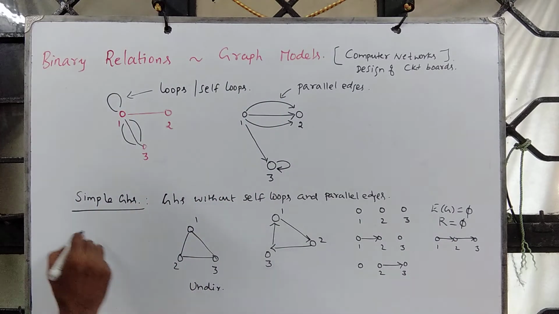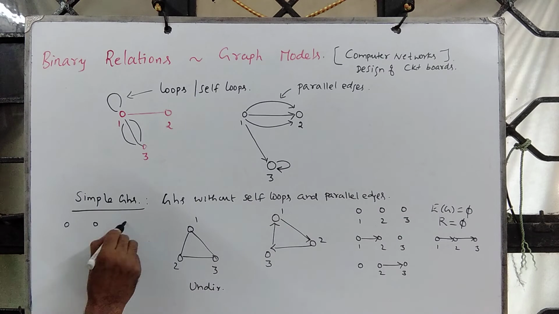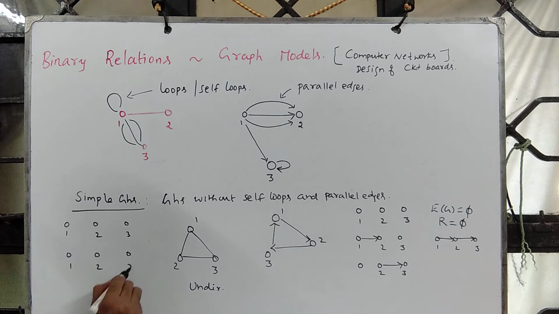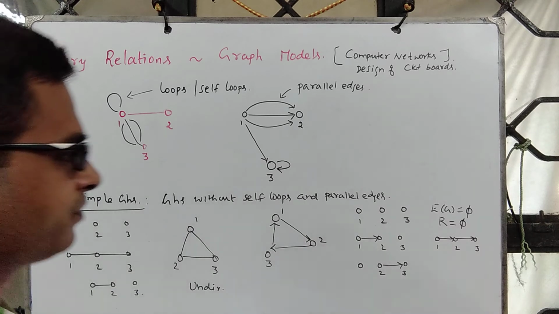Similarly, on the undirected graph, you have 1, 2, 3. So you can draw like this, you can draw 1, 2, 2 and 3 and so on.